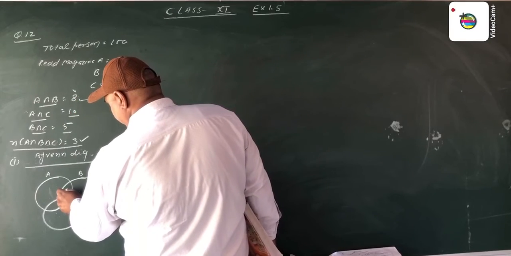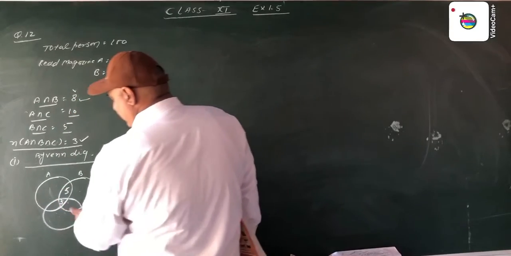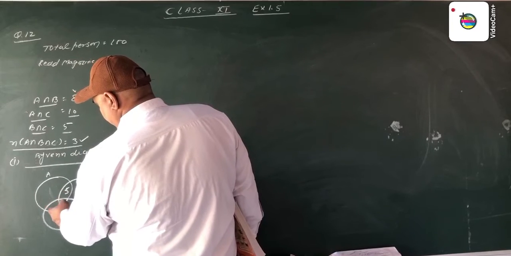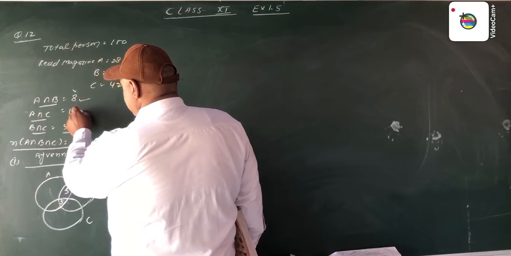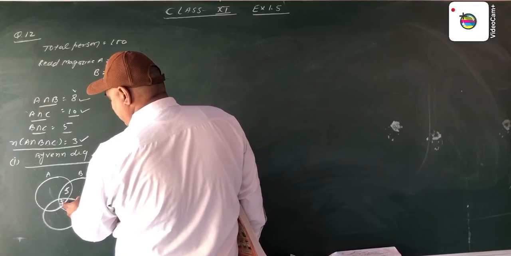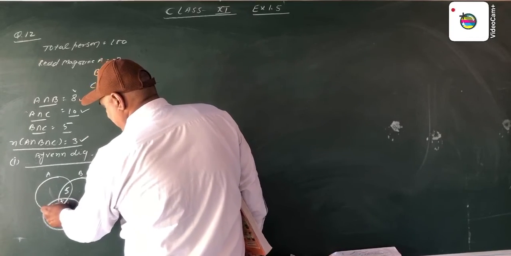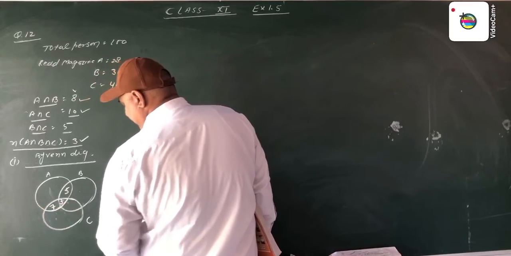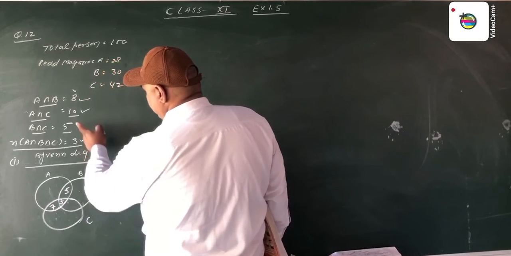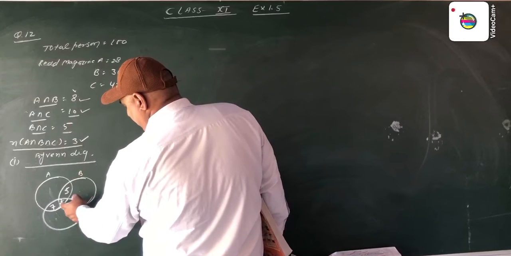We get 5. Now look here, it is the common area of A and C. Here A intersection C is 10, but we have already taken 3 in this. So 10 minus 3 we get 7. Then this becomes total 10. Now B and C, here B intersection C is 5. We have already taken 3.